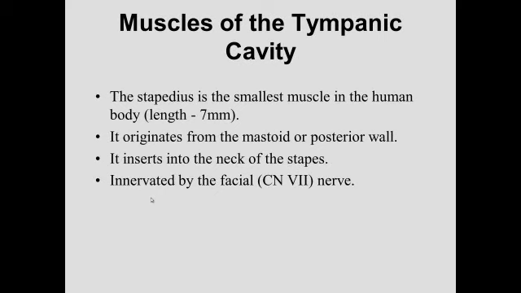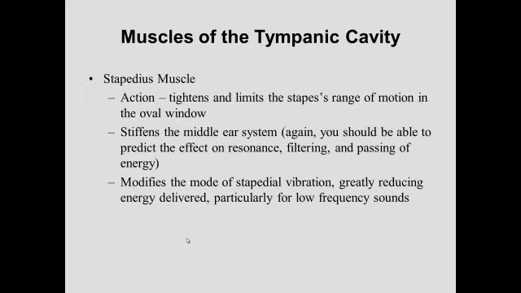That is in direct contrast to the stapedius muscle, which will contract only when either an individual is anticipating a loud sound or has just heard a loud sound. It is attached to the stapes bone, and it is innervated not by the trigeminal nerve, but by the facial nerve, or cranial nerve 7.